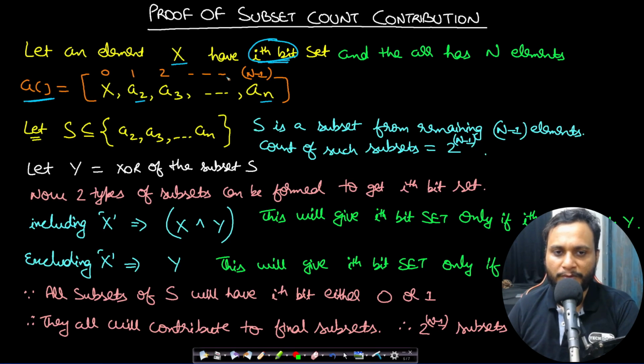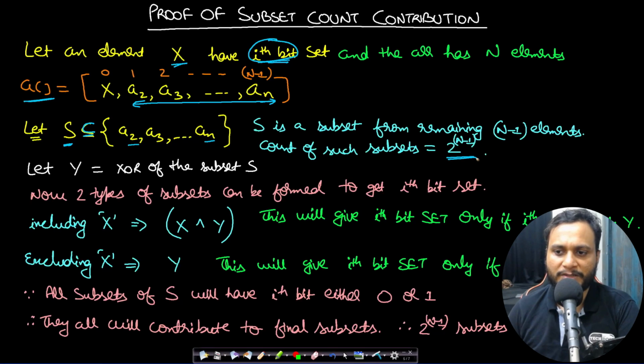If I know that X has the ith bit set, then from the rest of the items, A2 to AN, any subset that I can generate, I will denote by S. So S is any subset formed from all the n-1 elements, from A2 to AN, right? How many combinations of such subsets can be formed?